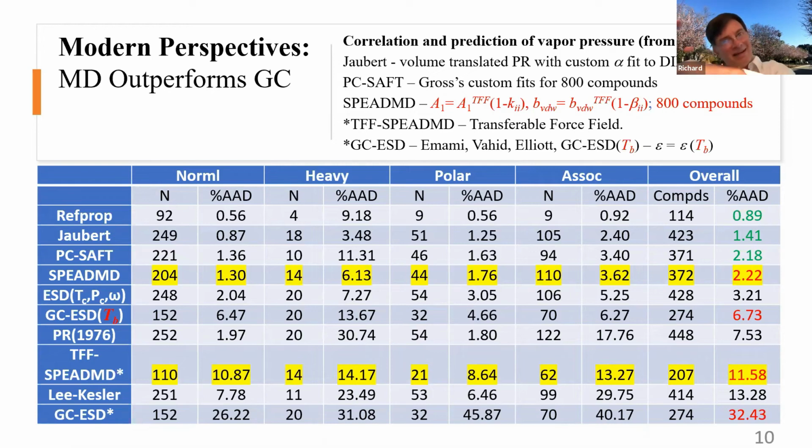So I think the data in those really low vapor pressure regions might be a little more scattered, and I just decided I'm not going to go there. PC-SAFT, I think, is similar to SpeedMD in that limitation.